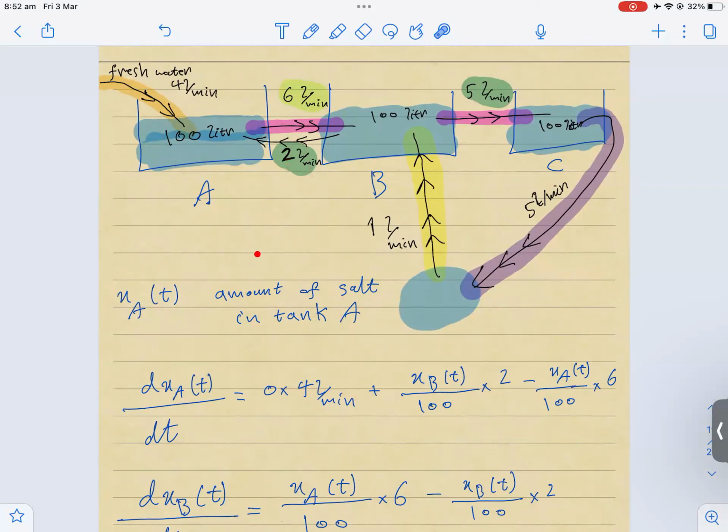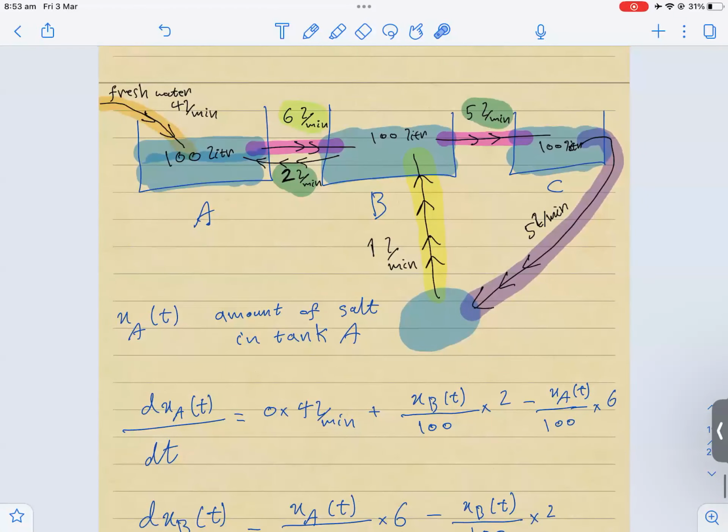Plus 2 liters coming inside, 2 liters per minute times the concentration of the source from here, which should be x_B(t) divided by 100. Minus 6: the concentration is x_A divided by 100 times the rate, 6 liters per minute.